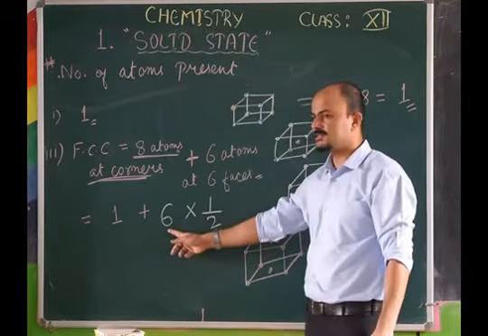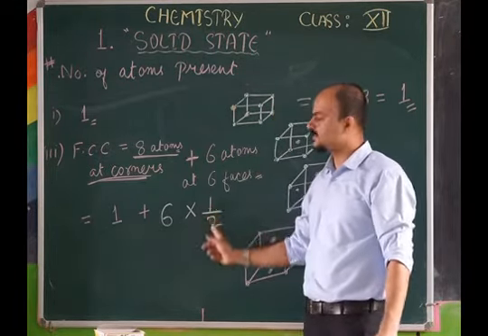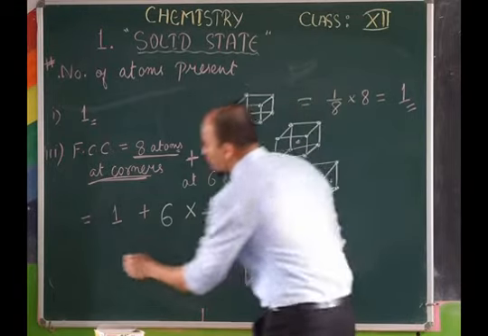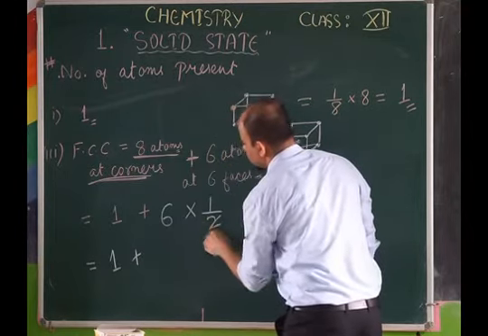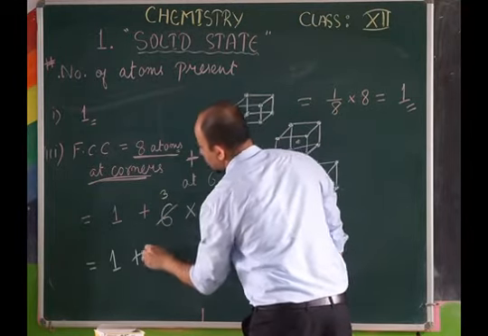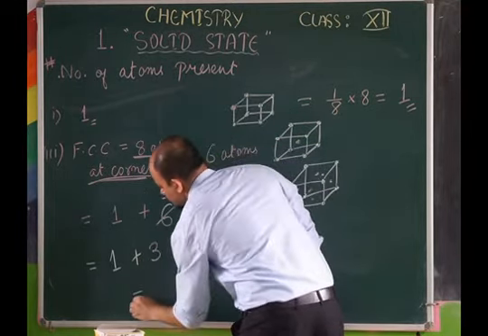Therefore, 6 faces, 6 atoms, contribution half each, gives 3. So 1 plus 3 equals 4 atoms.